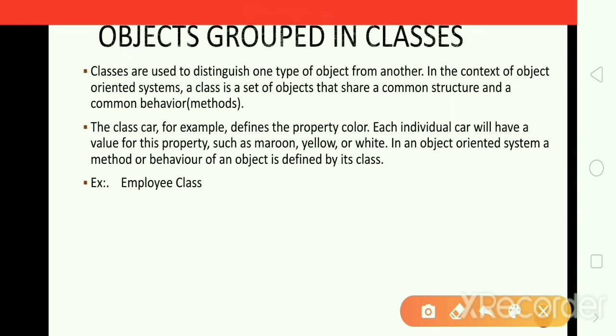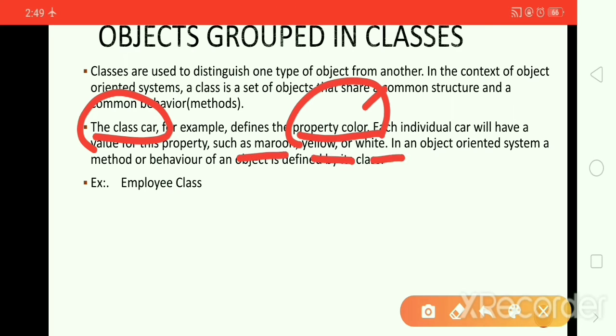See guys, if we take a class car as an object, this car can have the property color, and each and every property of an object will have its value.